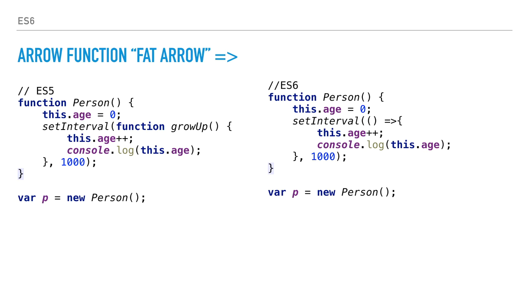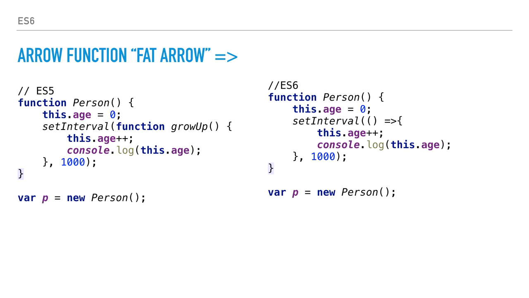We will see some of them once we go to Babel, but this is a critical and very common case of ES5, right? So the solution to this problem in ES6 is using the fat arrow, so it's a different syntax. Look in the line of the setInterval how we don't define the function growUp, but we use this kind of weird syntax: we have parentheses and then the fat arrow. So this is exactly what we are talking about.